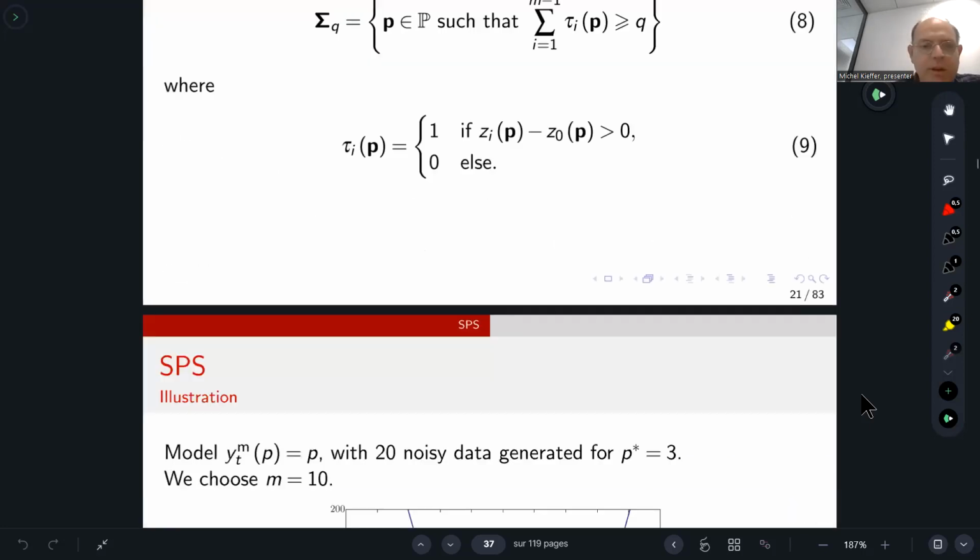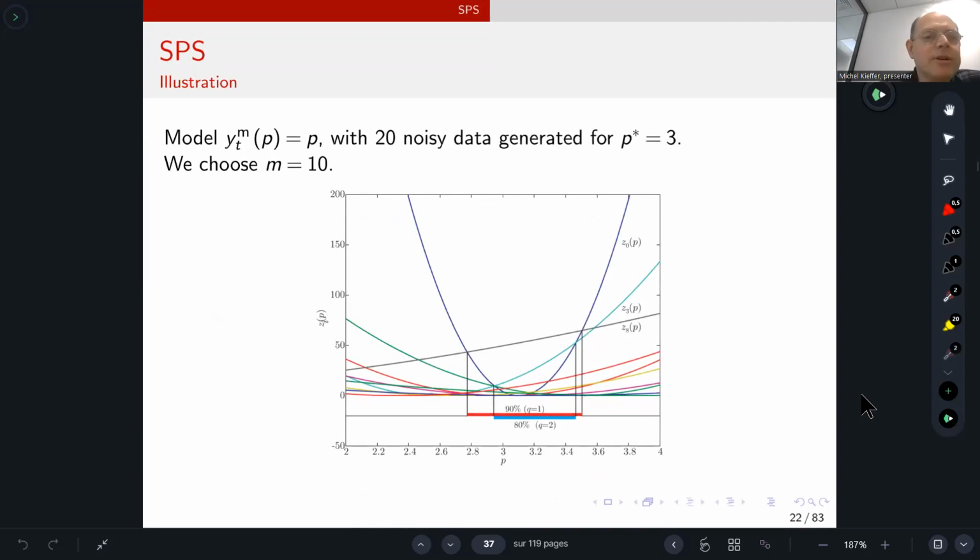in order to have for p a value which is in sigma q. Here I've considered a small illustrative example. We consider the very simple model ym of p equal to p. I generated 20 noisy data for p star equal to 3. Afterwards, I generated 10 random sign-perturbed sums, and all the corresponding Z0, Z1, Z2, etc. are represented here.